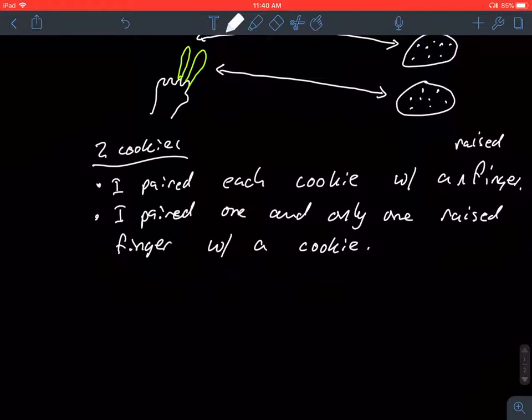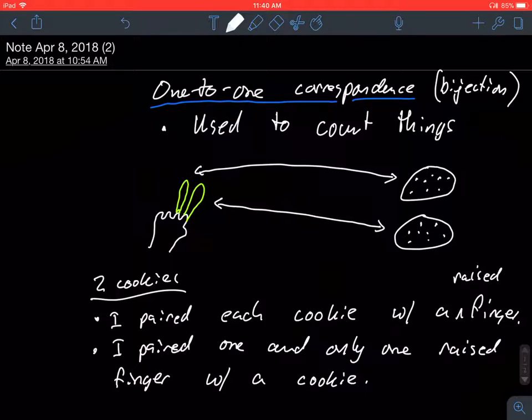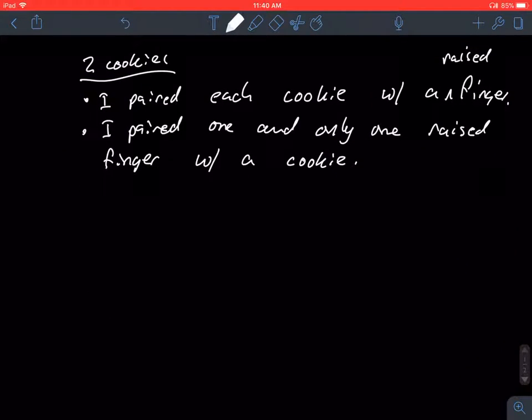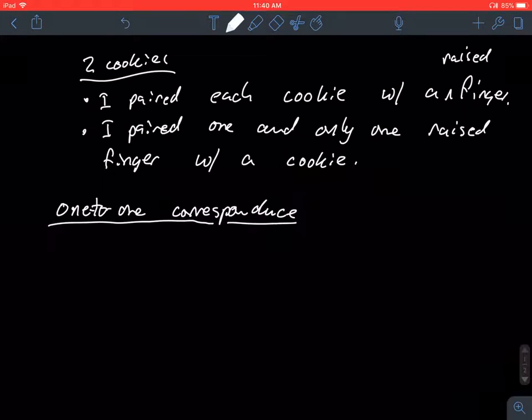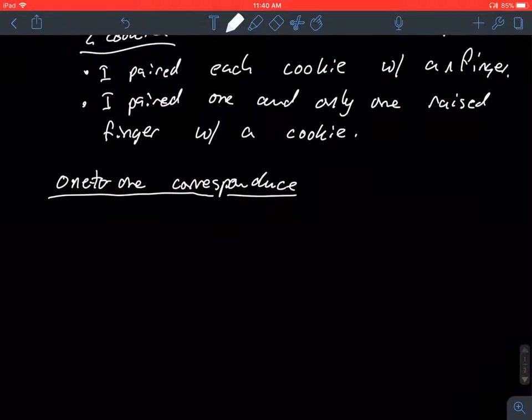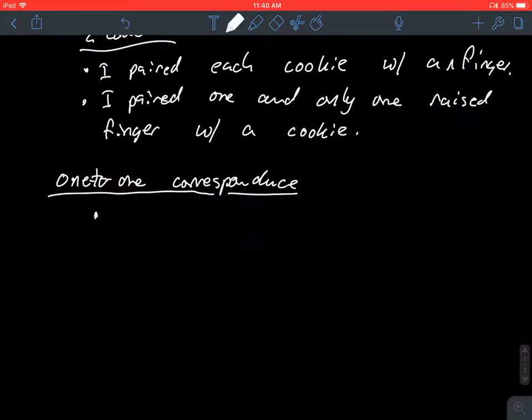So now, let's go back and talk about what this one-to-one correspondence is. Well, a one-to-one correspondence is a function, but we're not really going to get into that part. But it has two special properties. It's both one-to-one and it's onto.